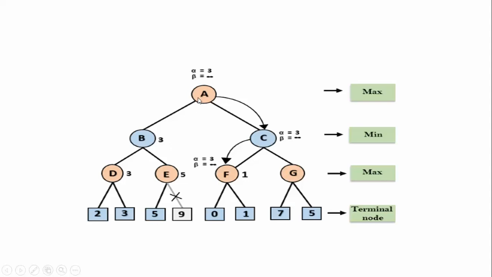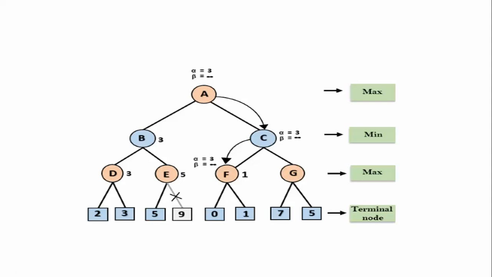What is the initial value here? We are not going to conclude that. You imagine that alpha equal to minus infinity, beta equal to infinity, because it is at maximum level. Only at the end will I conclude the node values of this. I am going to copy those things.